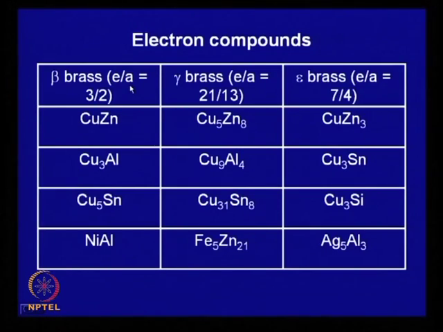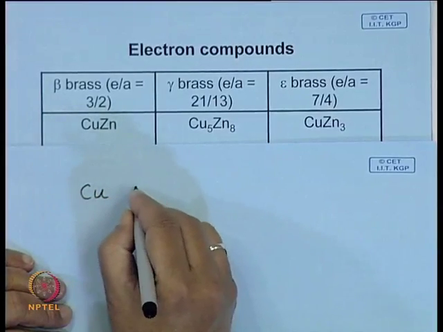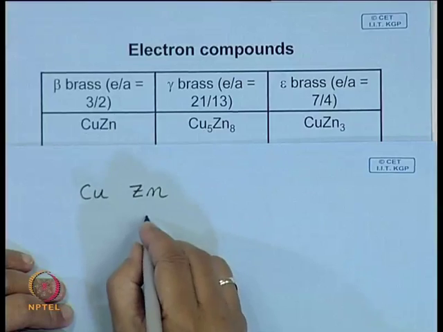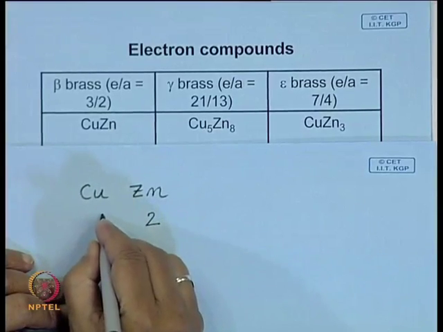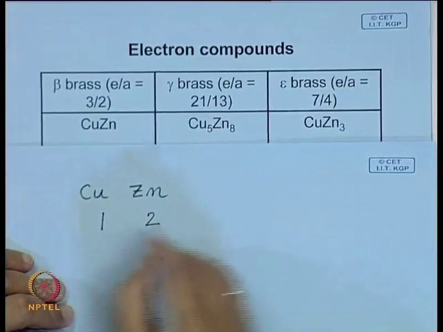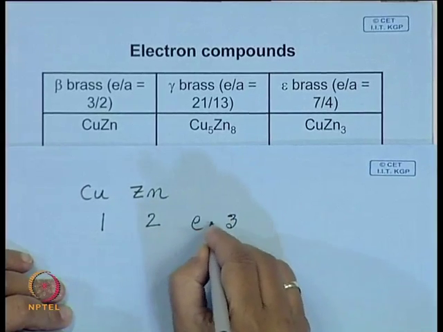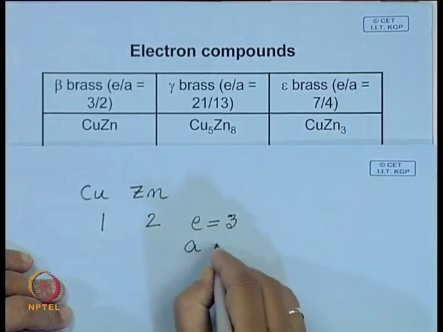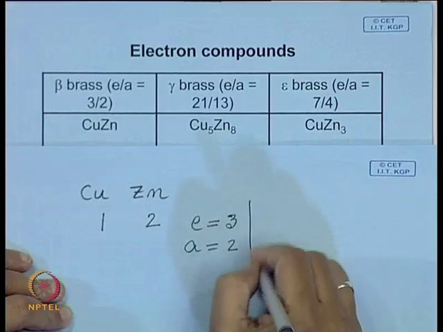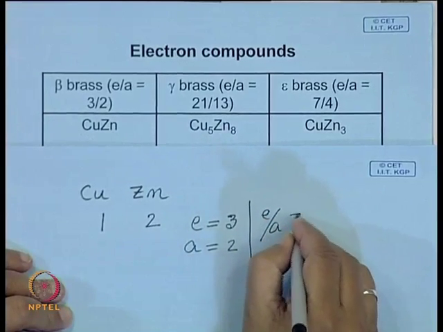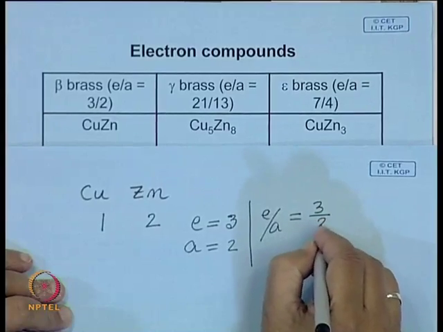Suppose you consider copper and zinc. Zinc can give 2 electrons, copper can spare 1 electron. So the total number of electrons is 3 and the number of atoms is 2. So the E by A ratio here is 3/2.